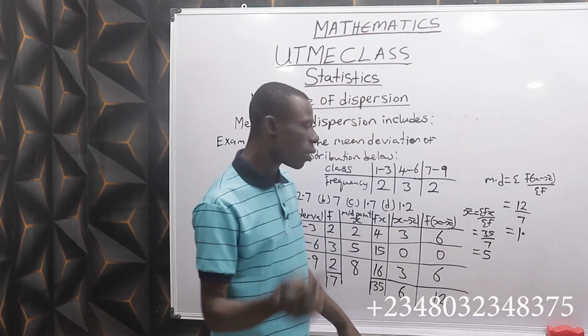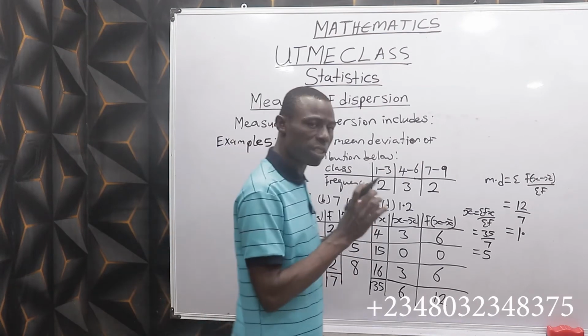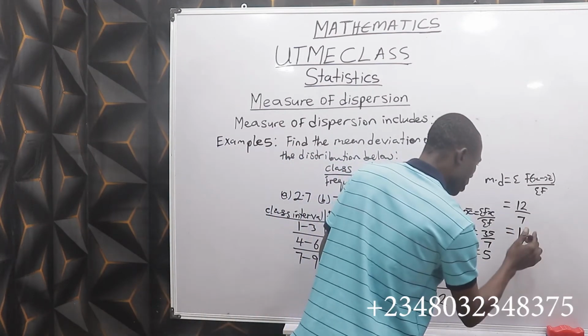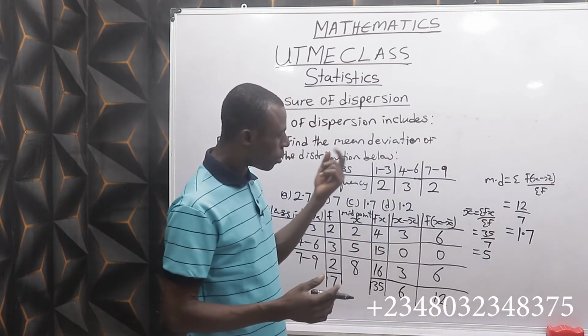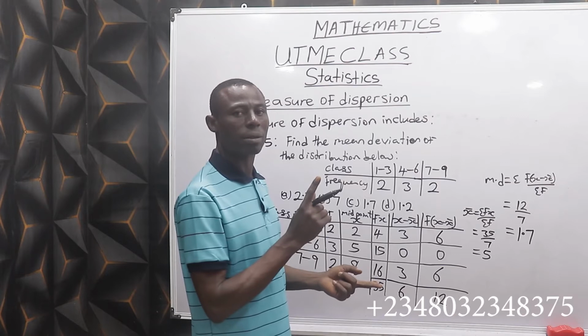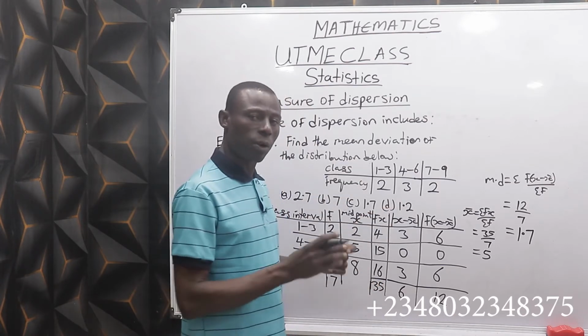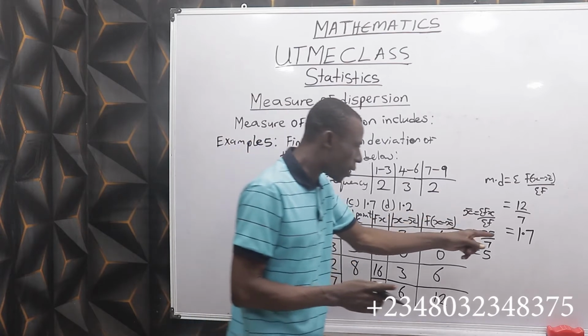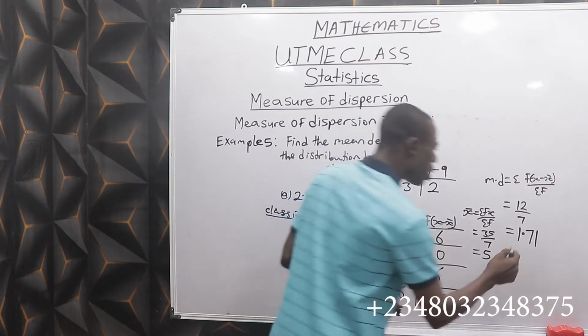It remains 5. Put 0 at the back of the 5. It forms imaginary 50. 7 in 50, that is 7. It will remain just 1. If you put 0 at the back of the 1, it forms imaginary 10. 7 in 10 is 1. It will continue like that.